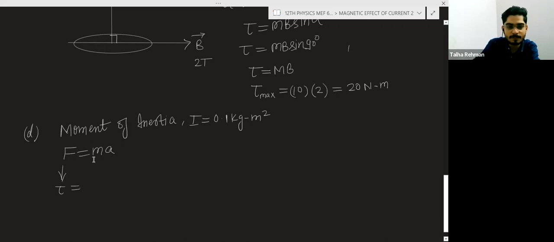Instead of mass, there is moment of inertia. Instead of a linear acceleration, we have the angular acceleration alpha. Here, alpha is not the angle between the magnetic moment and the magnetic field. In this formula, alpha is the angular acceleration.